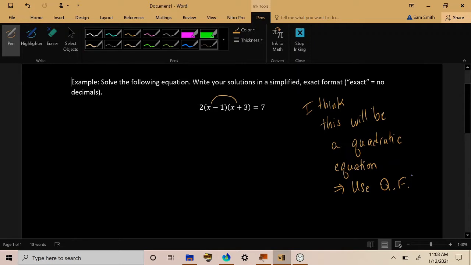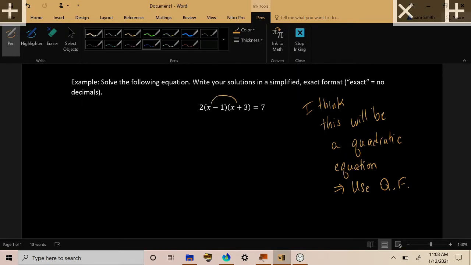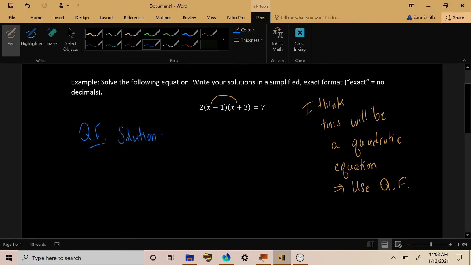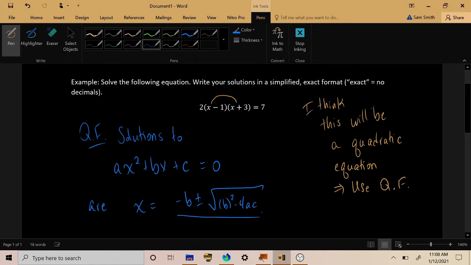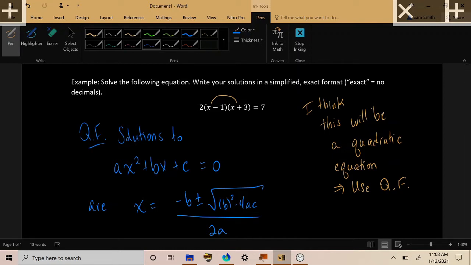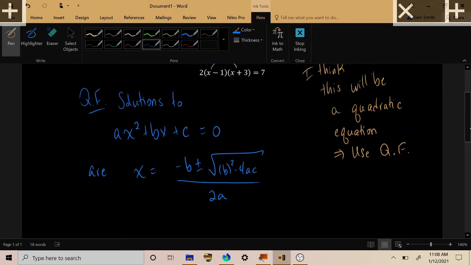But in order to use the quadratic formula, let's recall that the quadratic formula said that the solutions to the equation ax squared plus bx plus c equals 0 are x equals negative b plus or minus the square root of b squared minus 4ac all over 2a, which means that before we can even use the quadratic formula, we have to prep our equation so that it's in the correct format.